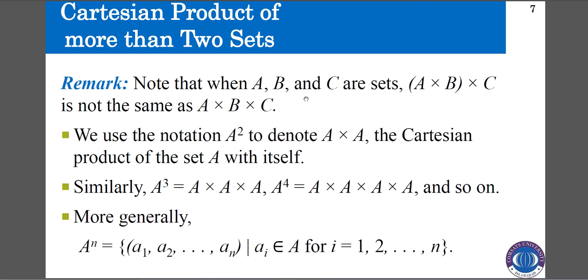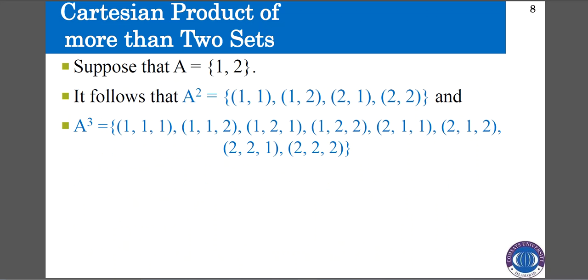More generally, Aⁿ is the set of ordered n-tuples (a1, a2, ..., an) such that ai belongs to A for i = 1, 2, 3, ..., n.